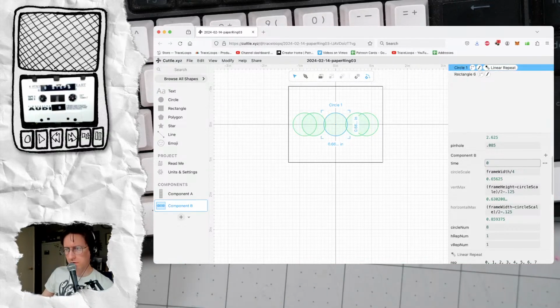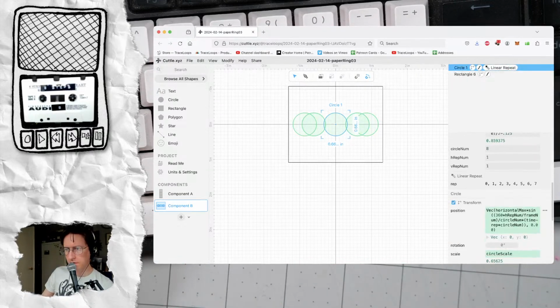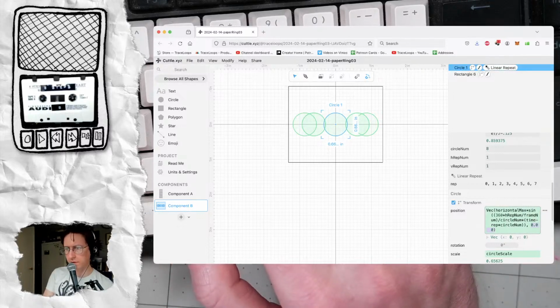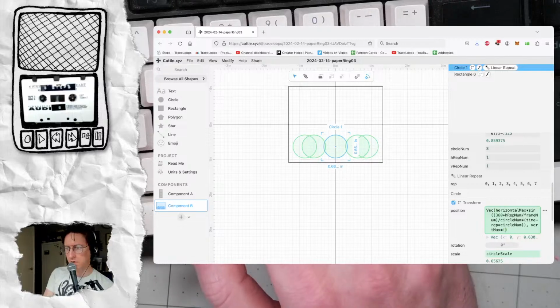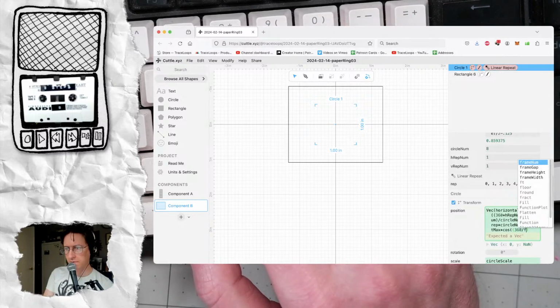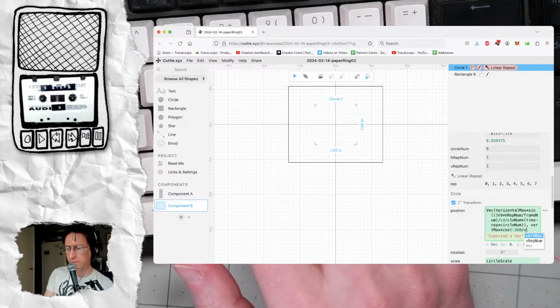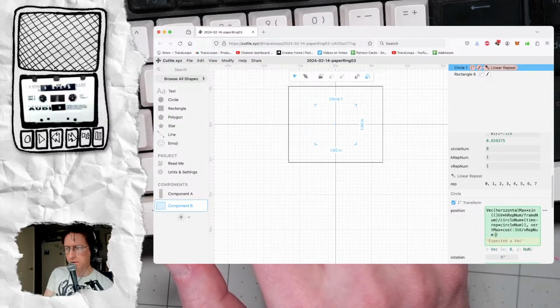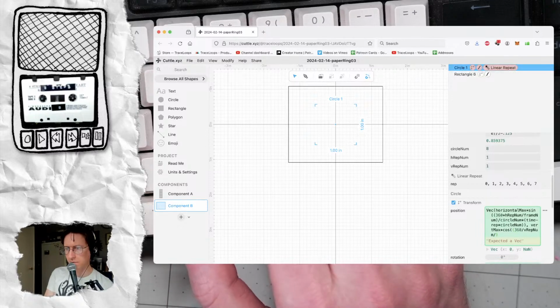Okay, stuff's looking good so far. Let's repeat this. This is vert max times cosine 360 divided by v rep num divided by frame num.